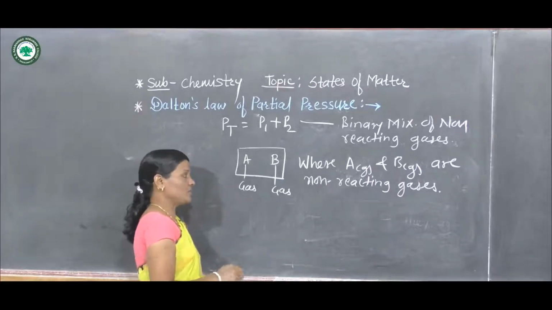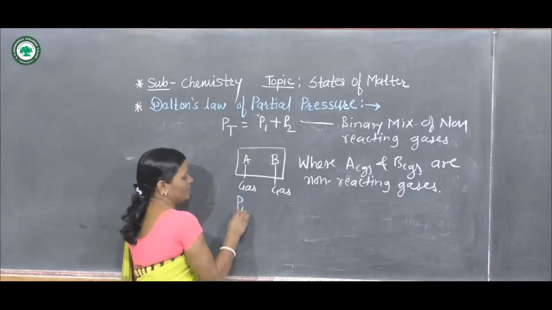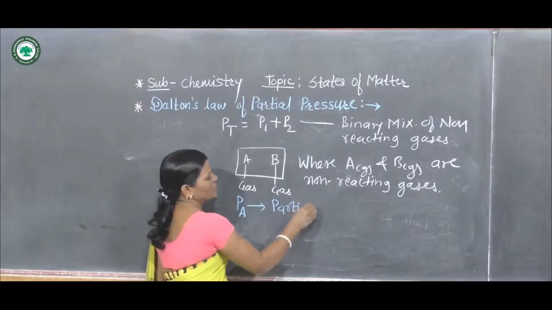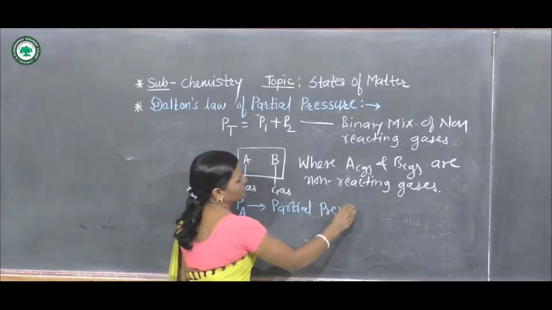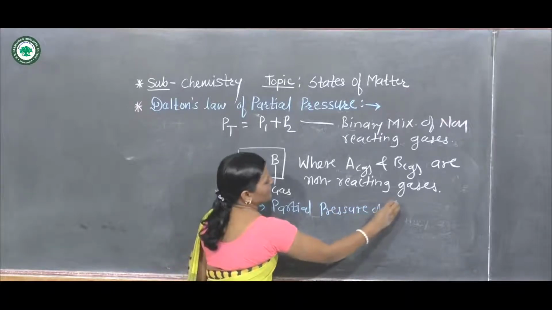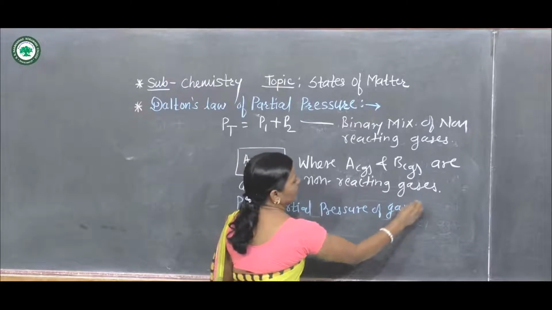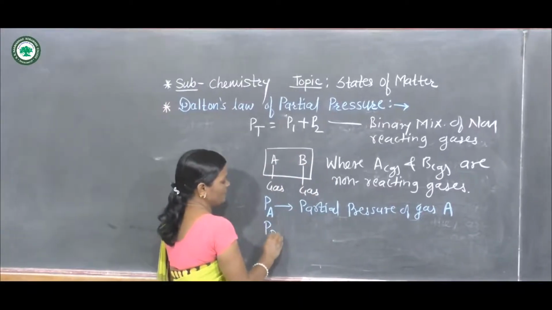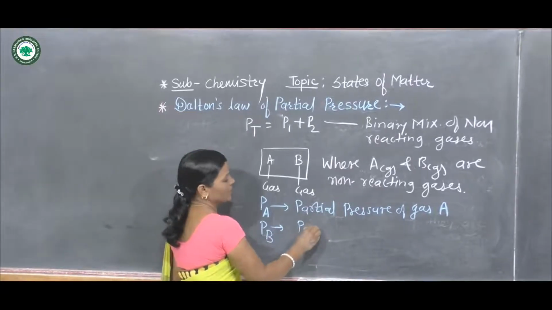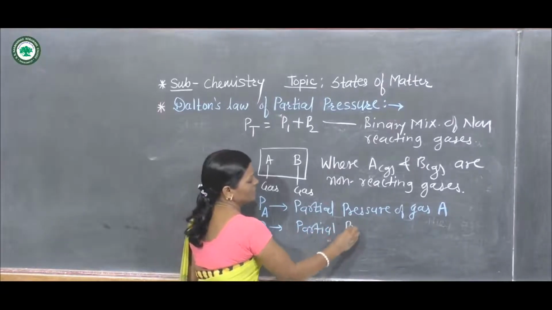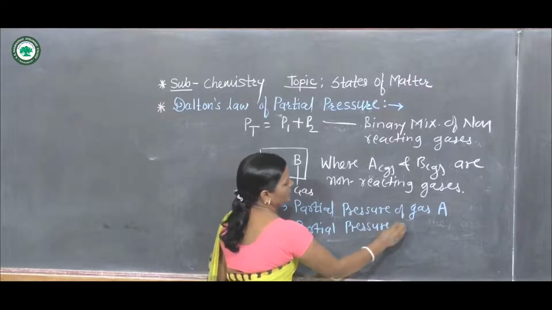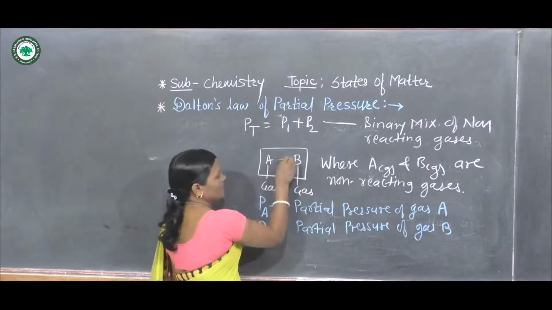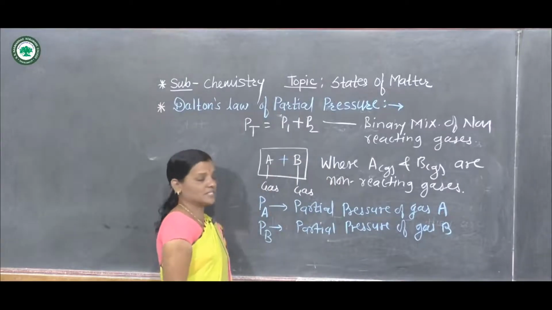Now suppose PA be the partial pressure of gas A in a container, and PB be the partial pressure of gas B taken in a container for the study.